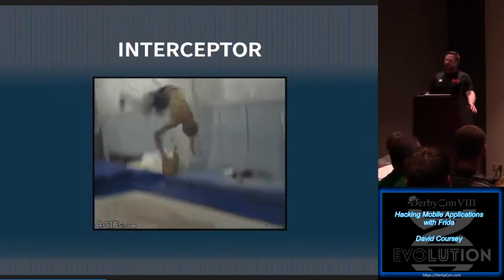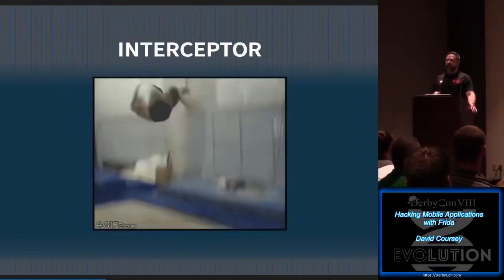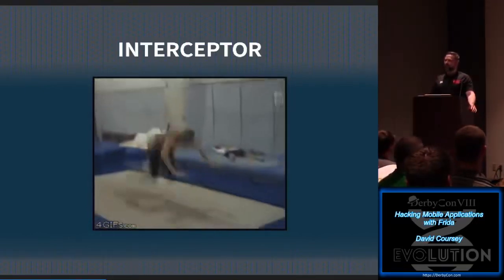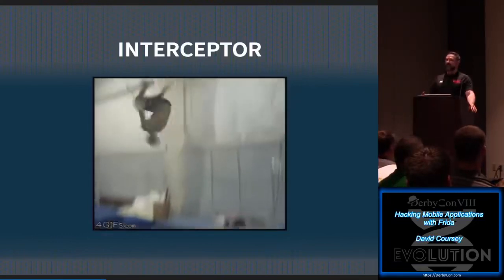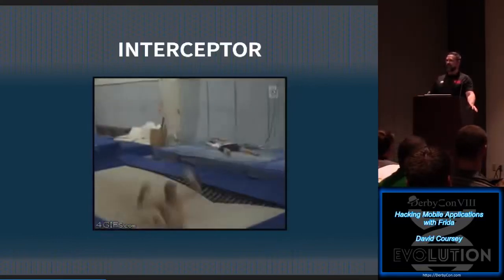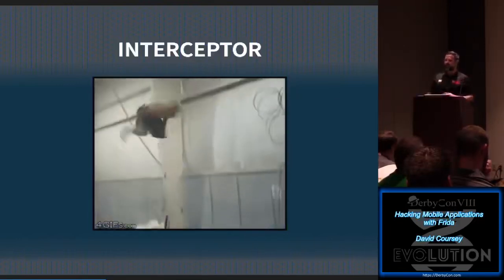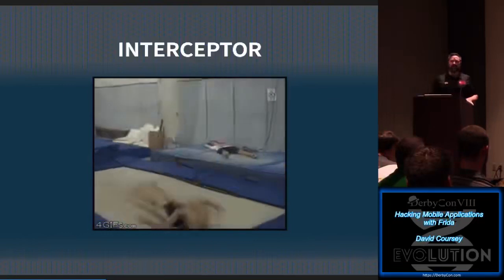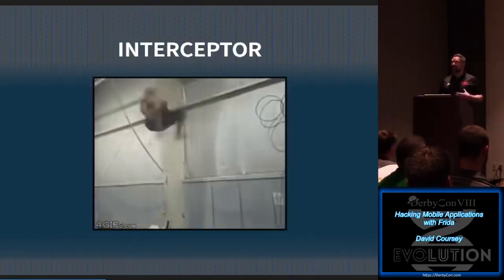So the problem with Interceptor is it's more like breaking the window, right? We're just going right into the process, and it's easier to detect if there's any kind of reverse engineering obfuscation or protection mechanisms. People do this stuff on big budget games that make a lot of money, and obviously they have something to protect.